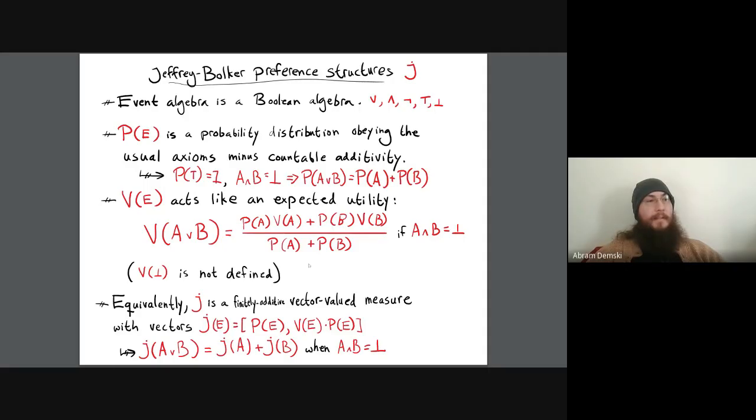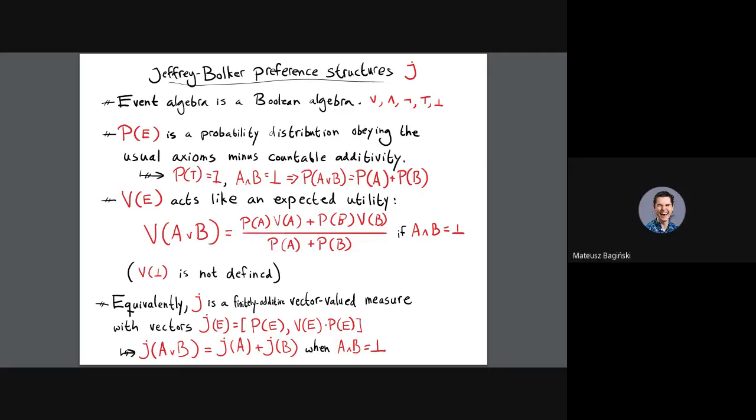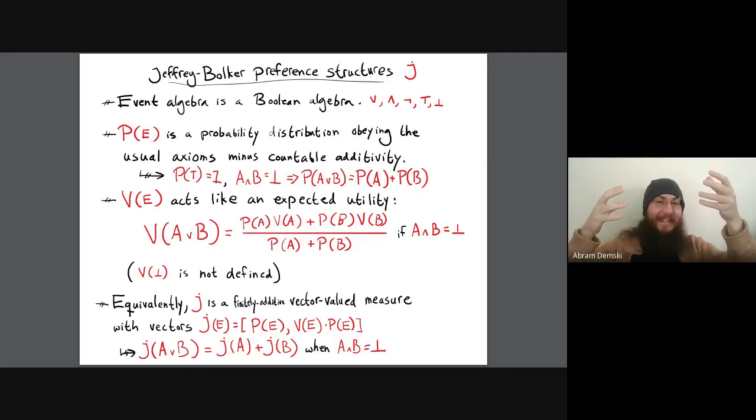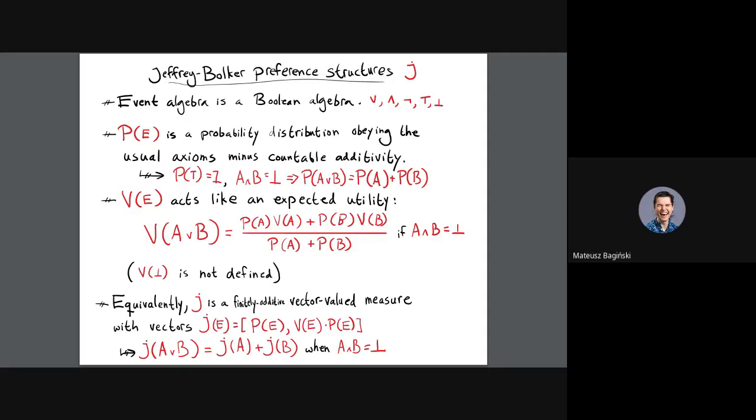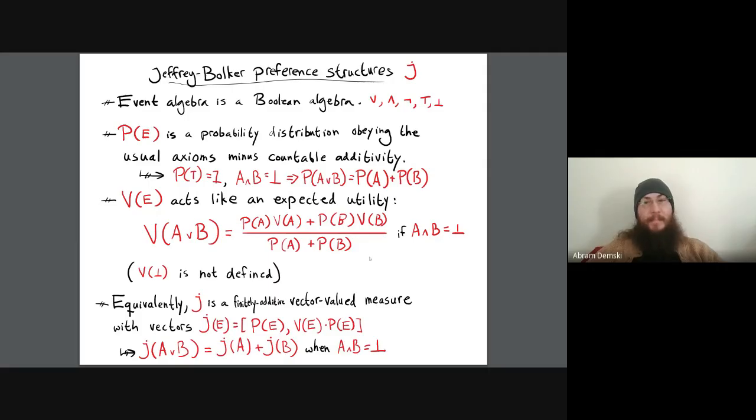I don't think so. So it's like I have a cake. Somebody asks, how good is the cake? There's a chocolate side and a vanilla side. And I split them into the chocolate side and the vanilla side. And I'm like, well, how good is the chocolate side times how big is it? And then how good is the vanilla side times how big is it? Yeah, I think I was confused about how it was derived, but never mind. Okay.